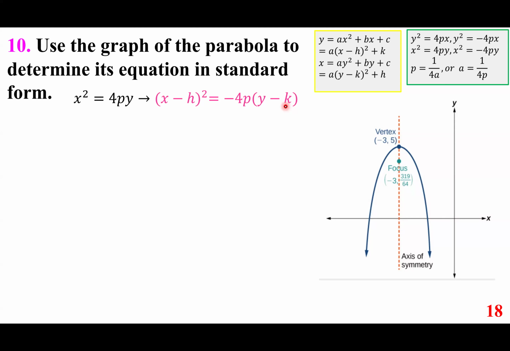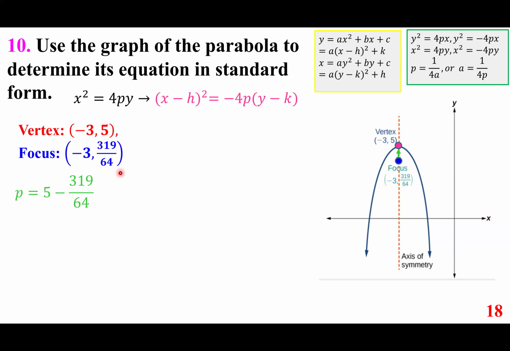So the very first thing you have to notice is the location of these two, the vertex and the focus. Negative 3, 5, negative 3, 319 over 64. This distance is p, everybody. So vertex, focus, those are given. And p is this distance. So if p is this distance, the difference between these two is 1 over 64.